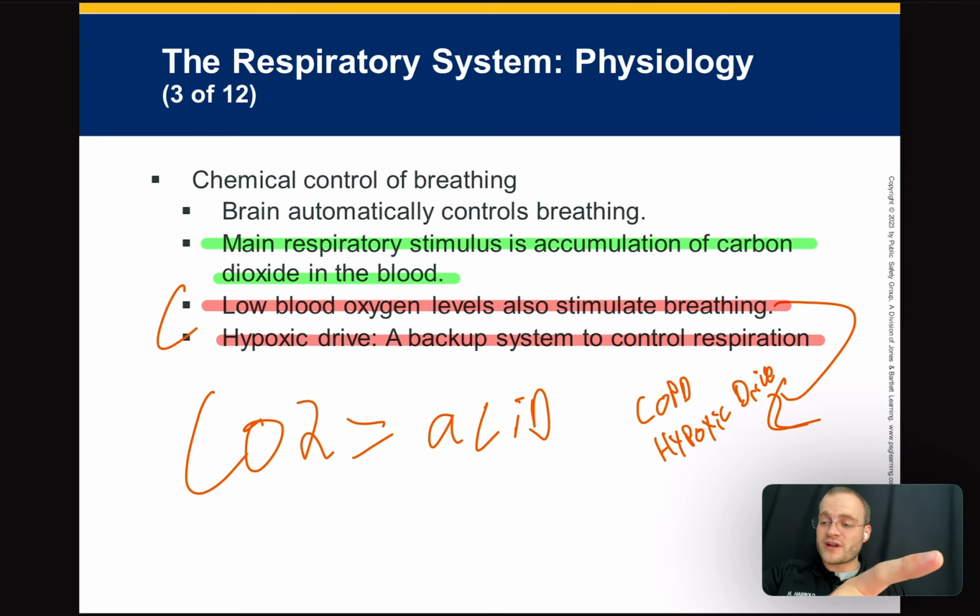People that smoke cigarettes. Yeah. So people that smoke cigarettes, they always have too much CO2 because their lungs are destroyed. So what happens is they end up retaining so much CO2, the brainstem says, I don't know what to do. I always have too much CO2, and if I breathe too much, these things get out of whack. So what happens is a different part of the brain will say, aha, we have too much CO2, and it's not working. So what if we just breathe on low oxygen? That's hypoxic drive.